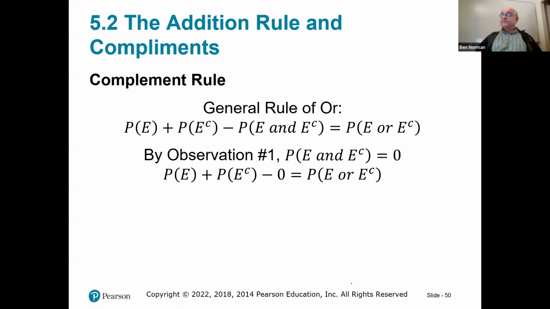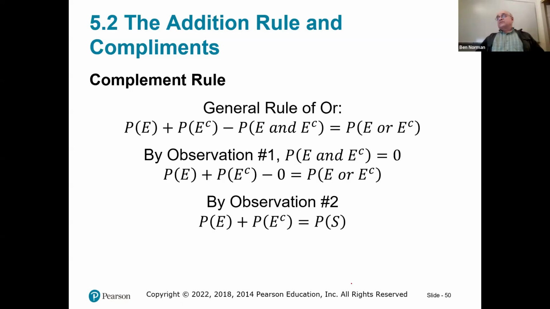Also, by observation number 2, we take E, we take EC, we put them together, this or that recreates the entire sample space.